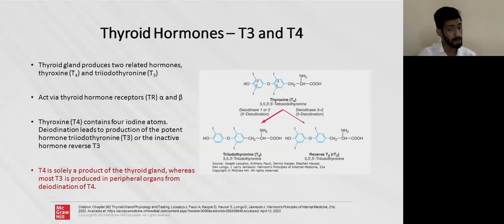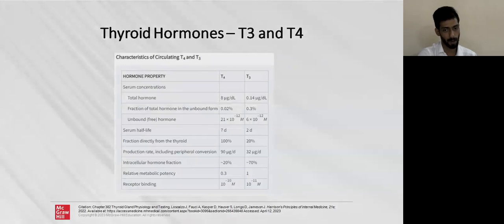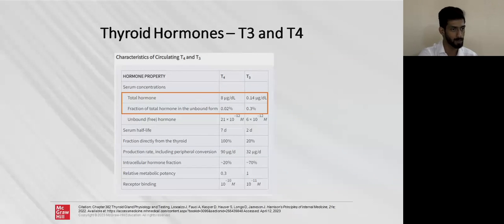Important to remember that T4 is solely the product of the thyroid gland. Nearly 100% is produced by the thyroid gland, whereas T3 is primarily produced by the peripheral organs via deiodination of T4. The same thing in a tabular form shows the characteristic properties of T3 and T4. The total hormone concentration is in gross value higher for T4, but that gross value is still a much lower fraction of what is bound.